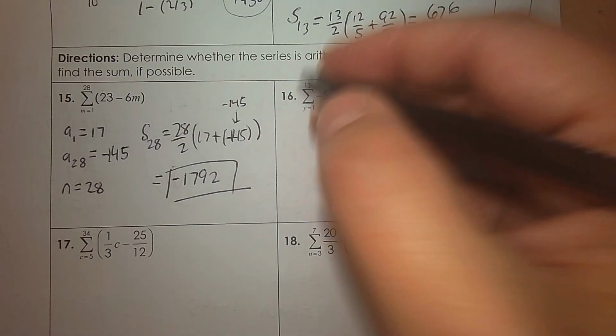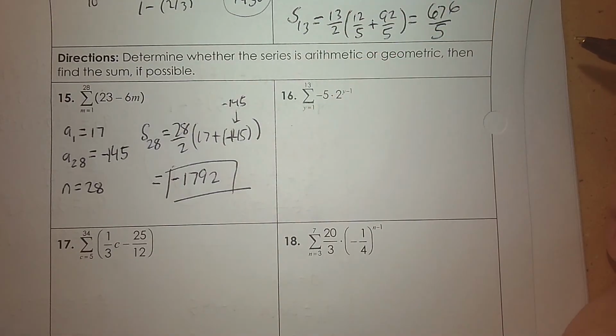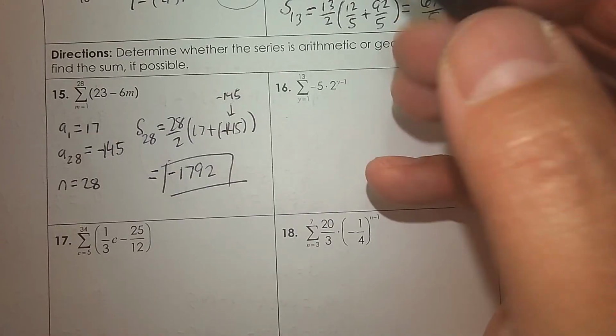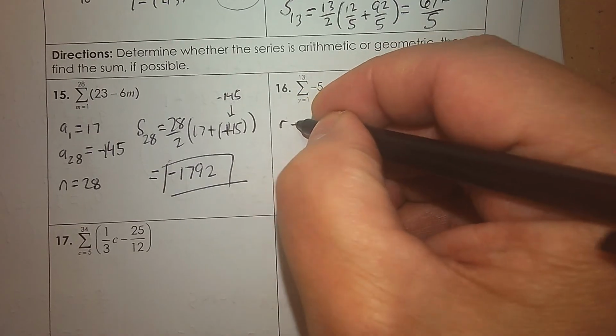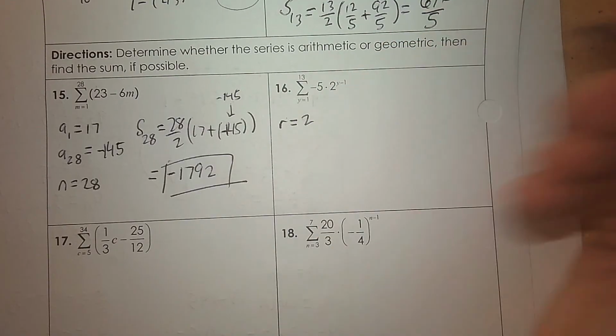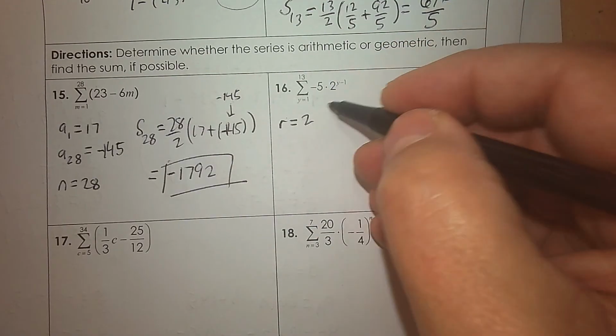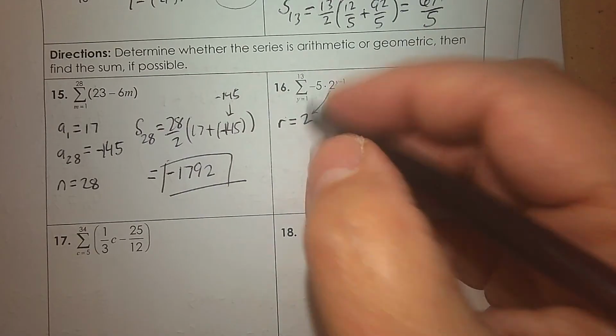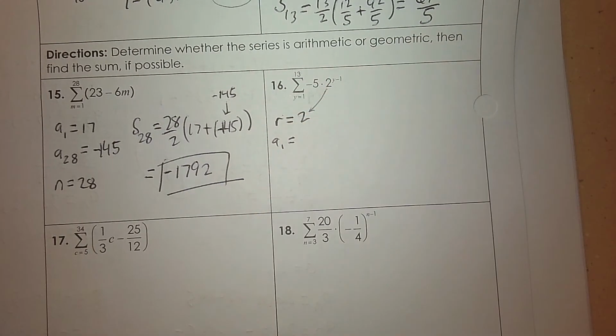What 3 things do I need to know for a geometric series? Good. What's the common ratio? What else? Remember, the common ratio is the base. Keep going. How do I find that? Go for it. Plug in 1 and tell me the answer.